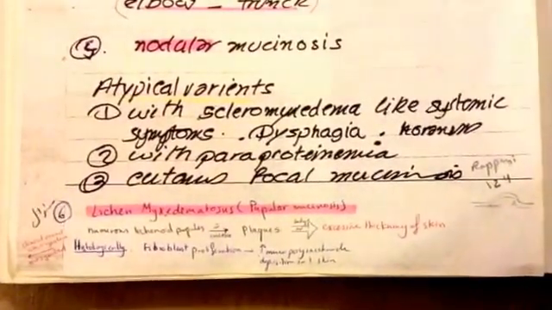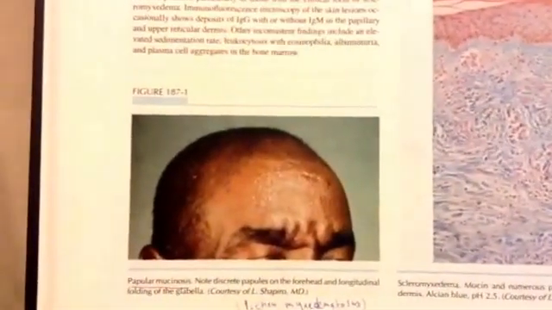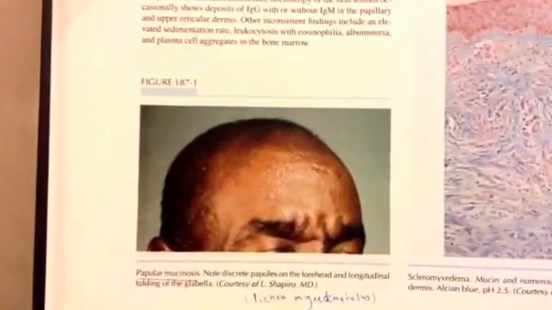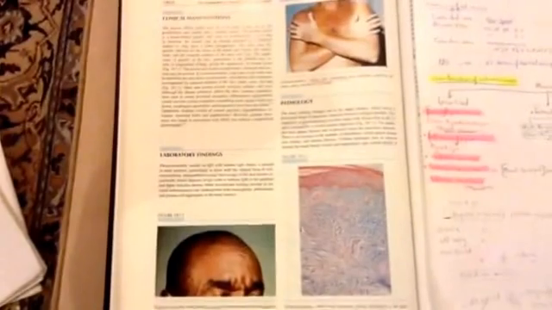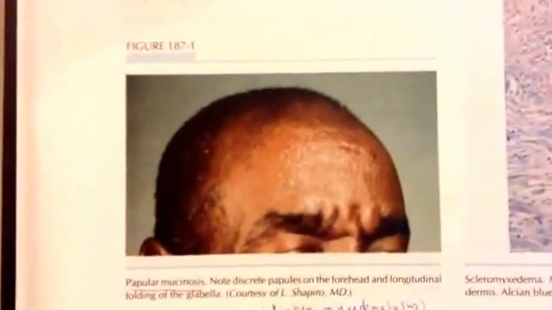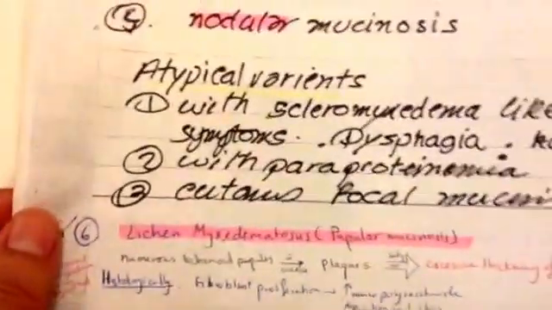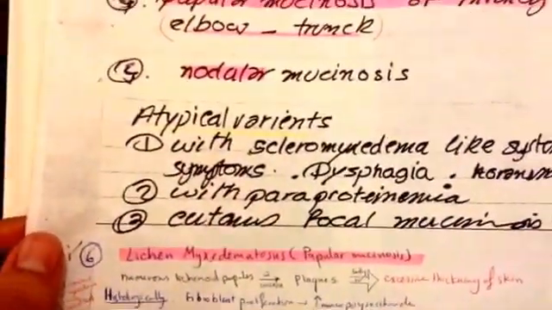Histologically, fibroblast proliferation and increased mucopolysaccharide deposition in the skin. This could be a part of scleromyxedema, as we said before, and if it occurs alone, it could be localized mucinosis, lichen myxedematosus. Okay, this is the first type of the localized mucinosis.